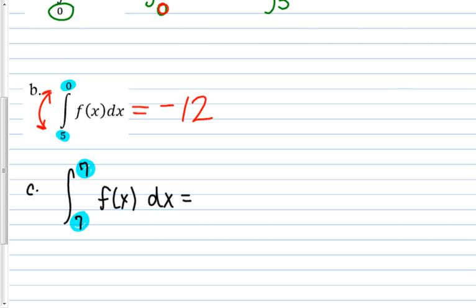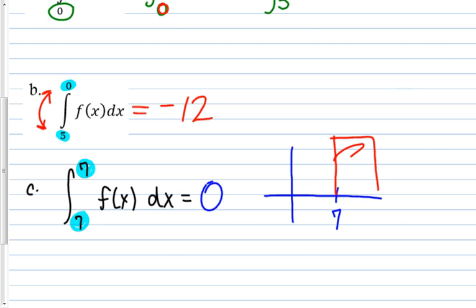Well, when that happens, you didn't go anywhere. Just look at it that way. You didn't go anywhere. Your answer is 0. That's like having 7 going from 7 to 7. I didn't go anywhere. Can't find area. I need a length and a width, right? I need more.